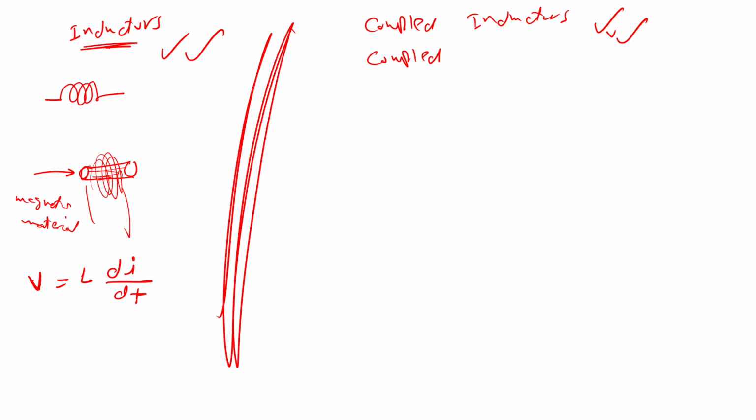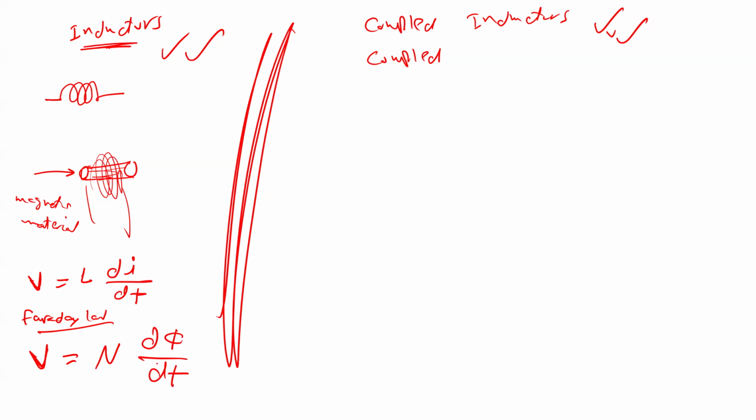There is another formula I did not explain, we didn't need it, but actually it's Faraday's law. So here V should also equal N d phi by dt.